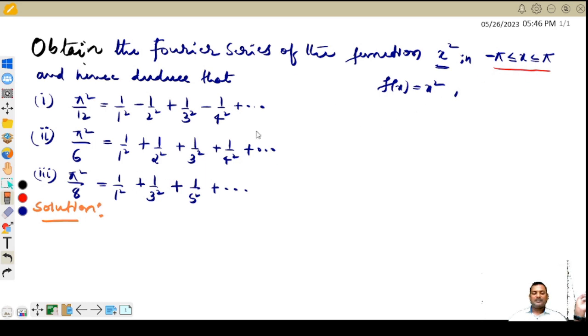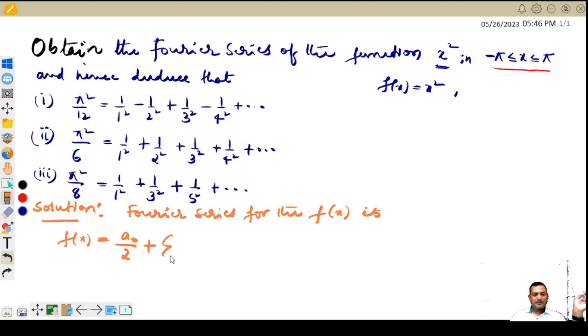The Fourier series for the function f of x is f of x is equal to a naught by 2 plus summation n runs from 1 to infinity an into cos nx plus summation n runs from 1 to infinity bn into sin nx. So this is the required Fourier series.